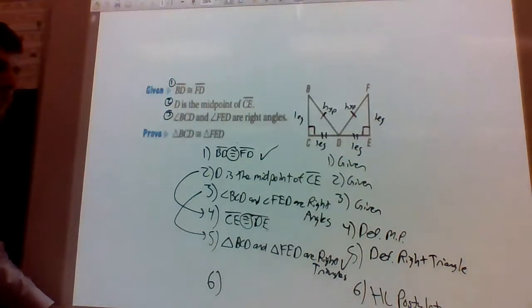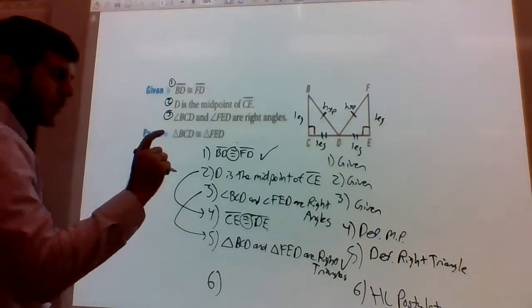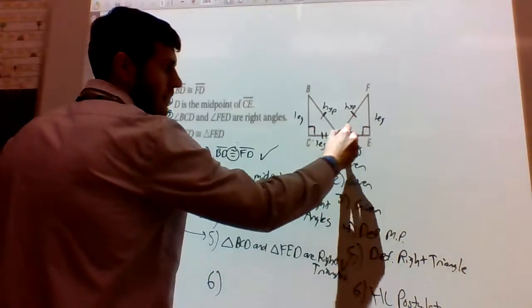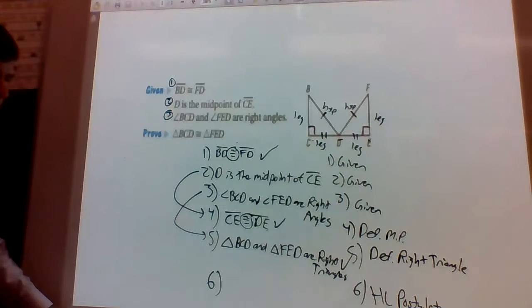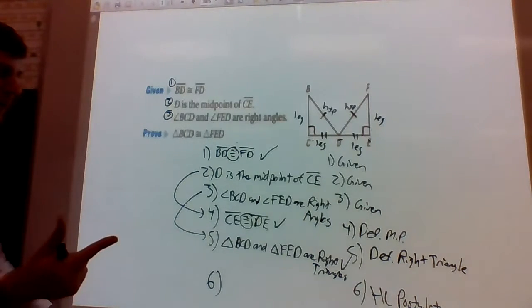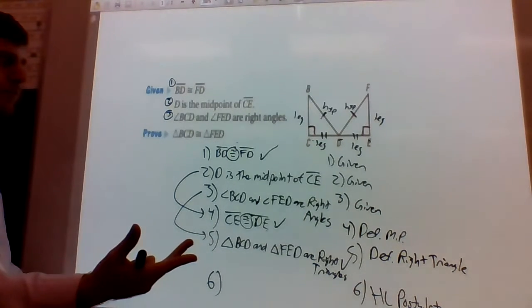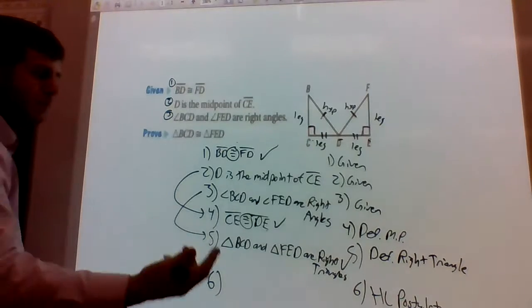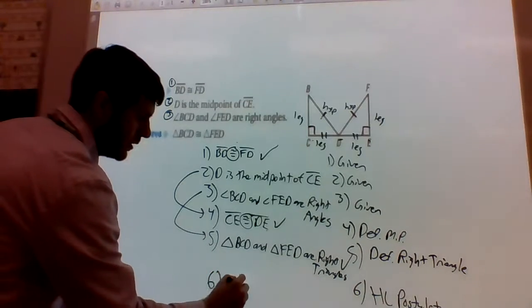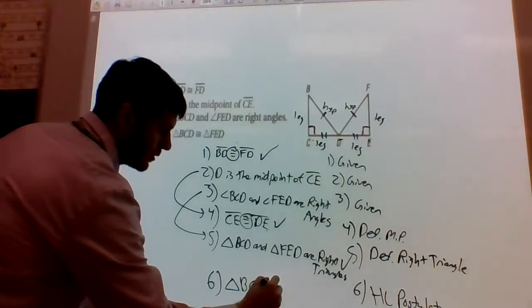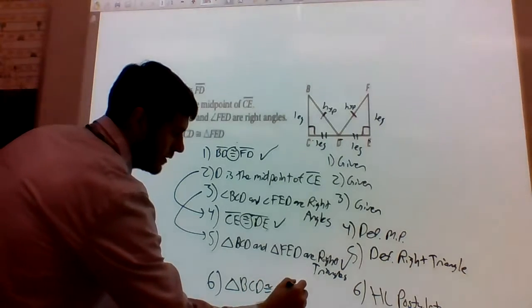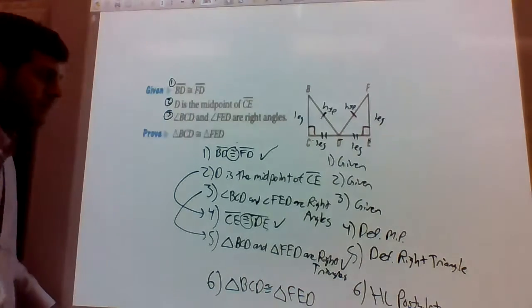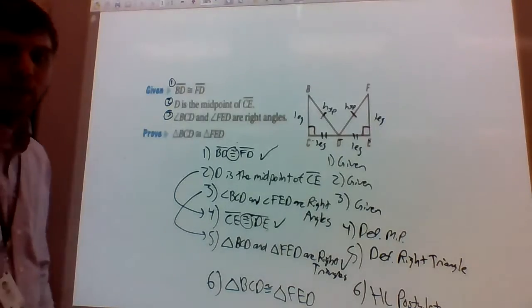We have congruent hypotenuses, and we have one pair. We only need one pair of congruent legs, and we have it, CD and DE. So right triangles, hypotenuses are congruent, a pair of legs is congruent, therefore we can conclude that triangle BCD is congruent to triangle FED. Those are the 2 proofs for hypotenuse leg.